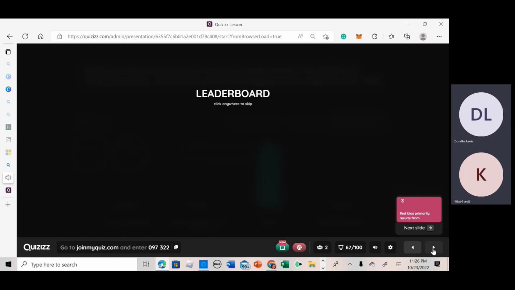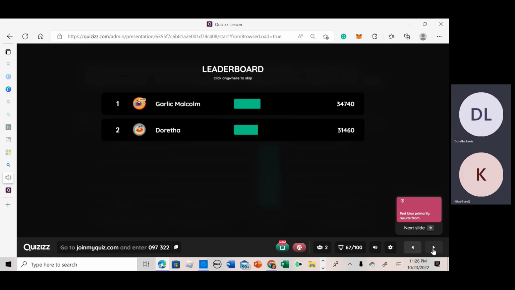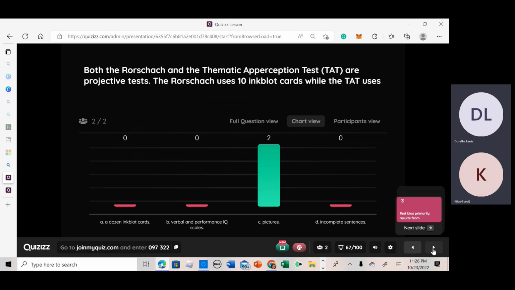Both the Rorschach and the Thematic Apperception Test are projective tests. The Rorschach uses 10 inkblot cards while the TAT uses pictures.